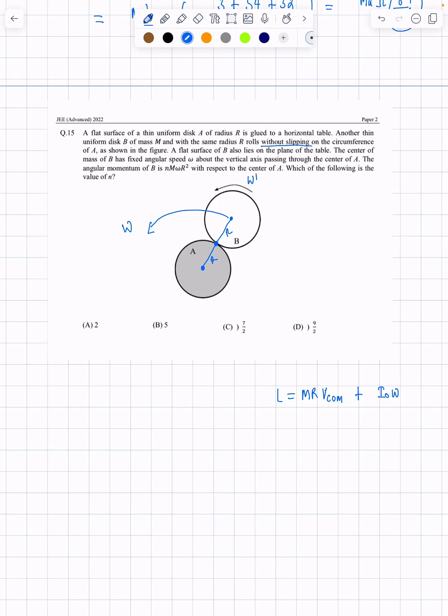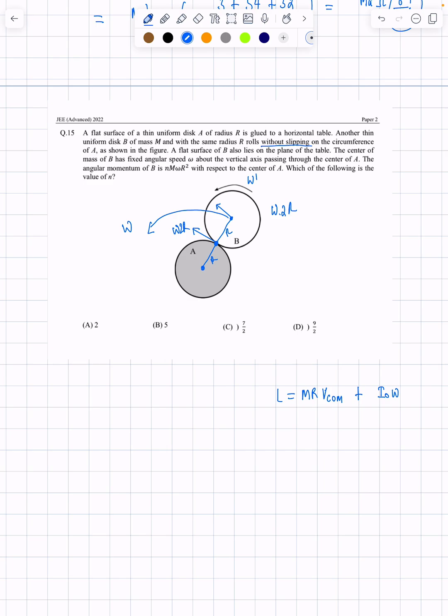So there are two velocity components acting on this point of disk B. One is due to the velocity of the center of mass. The center of mass of B is moving with speed omega times the distance of the center of mass from A, which is 2r. So this point on disk B is moving in this direction with omega 2r.